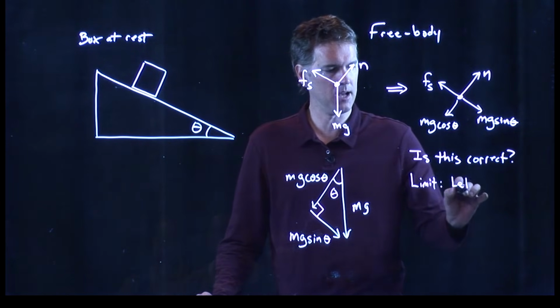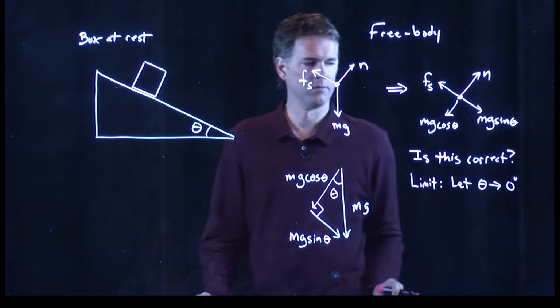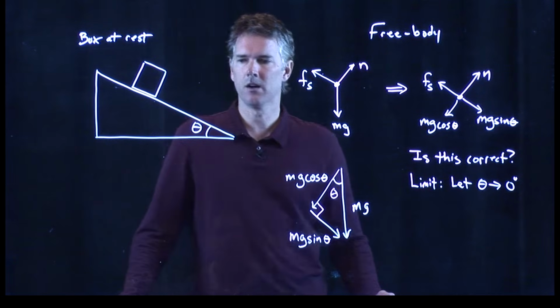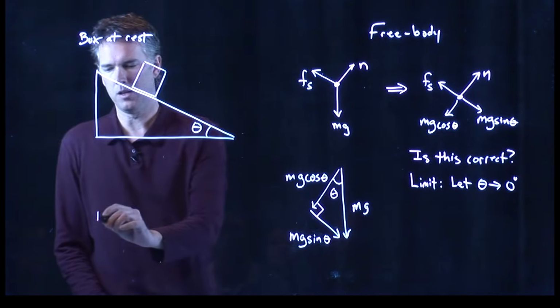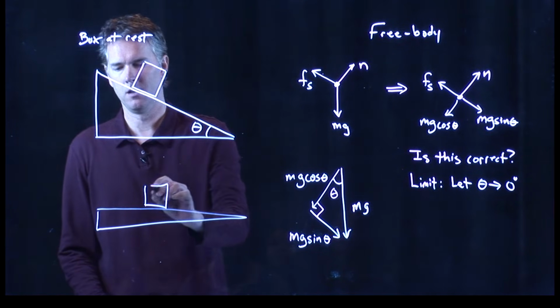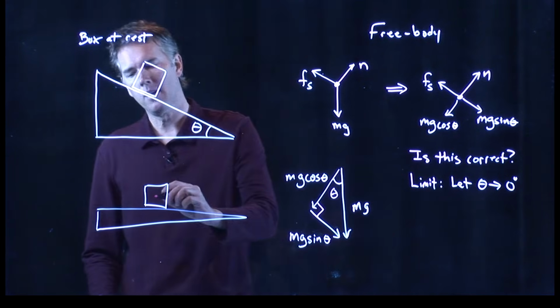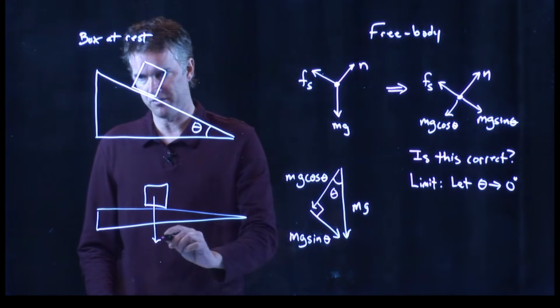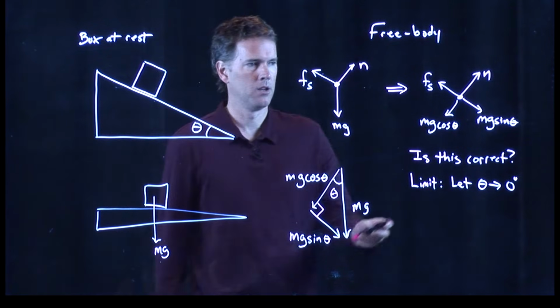Let theta go to 0. If theta goes to 0 degrees, that would be this condition right here. It's on a nearly horizontal surface, and therefore the force down should be mg.